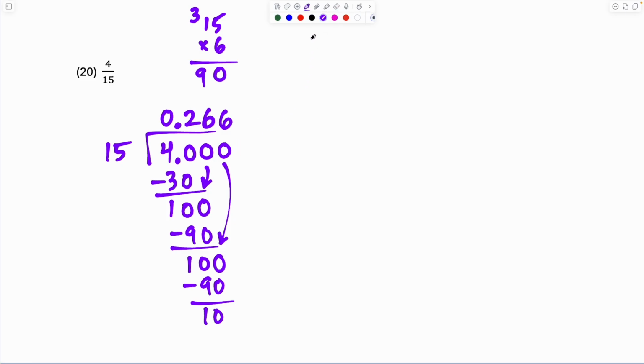So I could do that forever, or I could just say here that these 6s are just going to keep repeating. So 4/15, what this tells us, is equal to 0.26 repeating. But now, when we want to convert a decimal into a percent, decimal to percent, we just multiply the decimal by 100. So for the next line here, what I'm imagining is that we have 0.26 repeating.